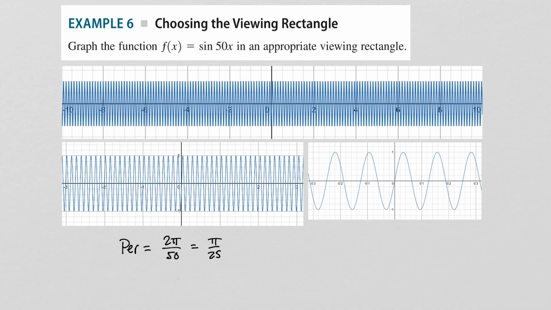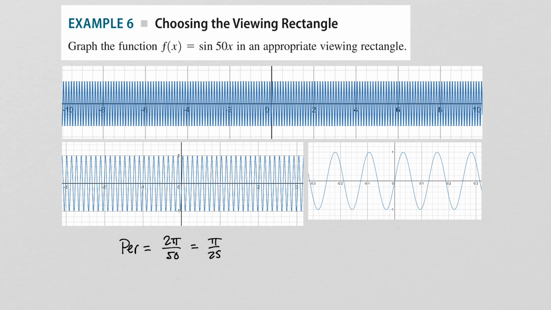So if I zoom in a little bit, if I reduce my window to -3 and +3 on the x-axis, you can see that we can begin to see the shape of this curve a little bit better. But when I really zoom in to values between -0.3 and +0.3, now you can really start to see the shape of this graph. And now it's really clear that the period is some number between 0.1 and 0.2.